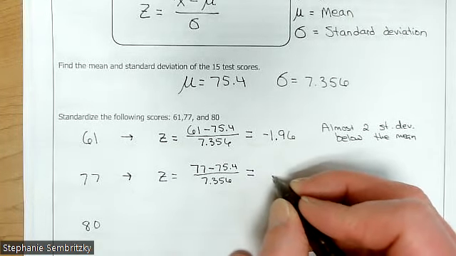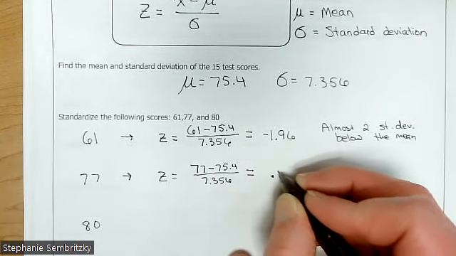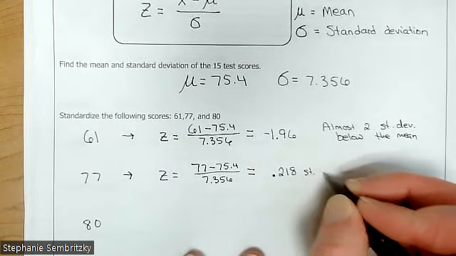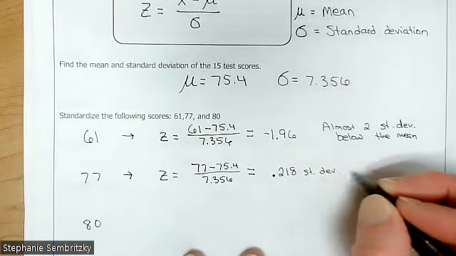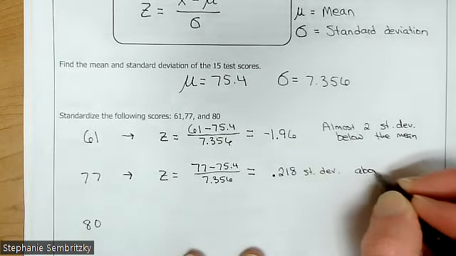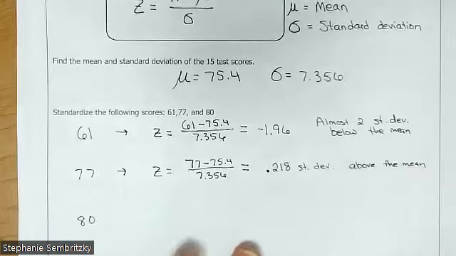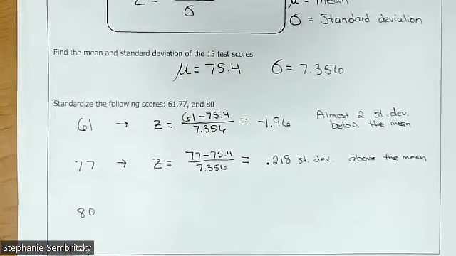I got 0.218. So it's 0.218 standard deviations above the mean. That's pretty close. It's not even a full one.